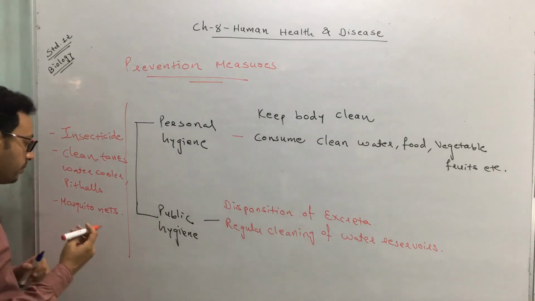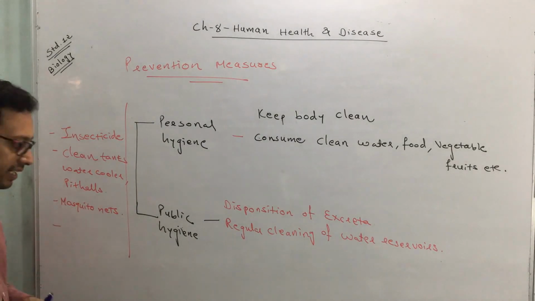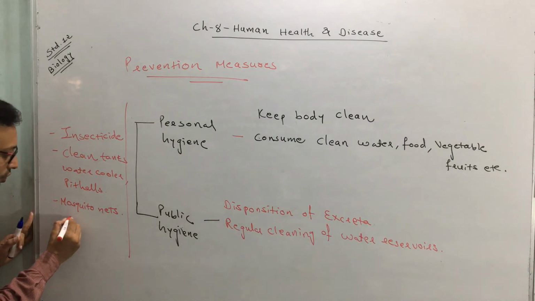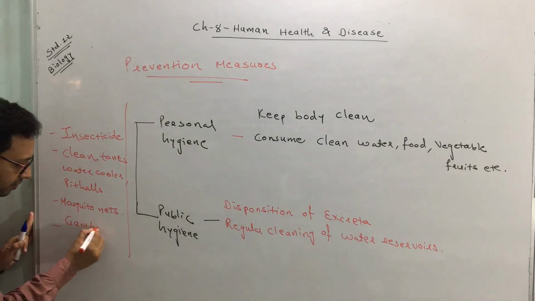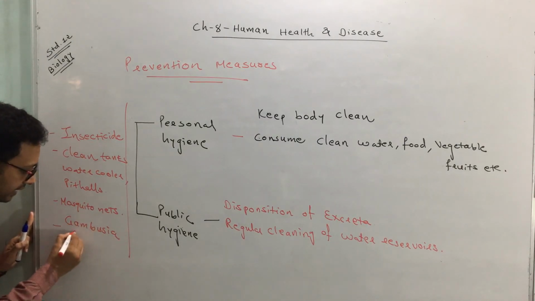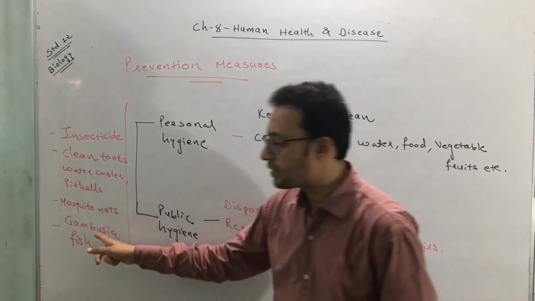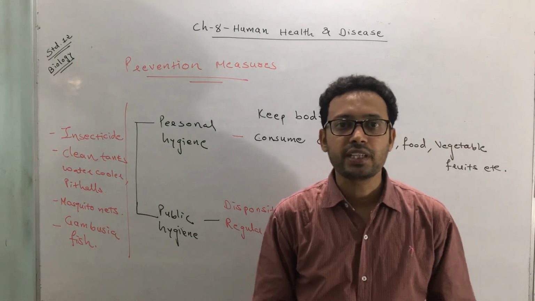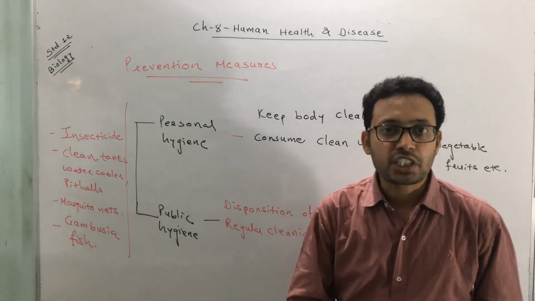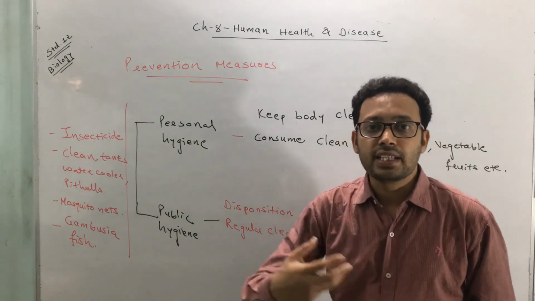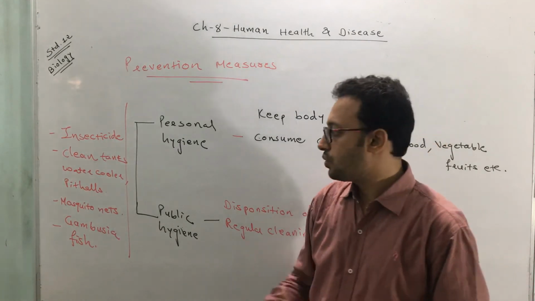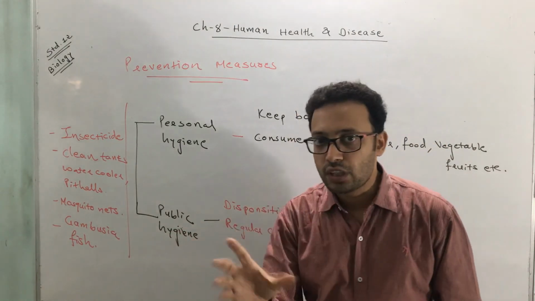Now there is one very innovative technique: you can also use a fish. The name of the fish is gambusia fish. Why are we using this gambusia fish? You know that fish grow in water, and mosquito also needs water for its growth. So what we do is release this gambusia fish in the water.